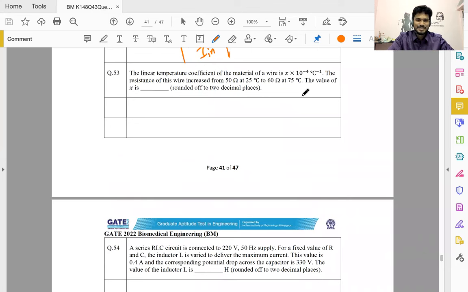Okay, the linear temperature coefficient of the material is this. Again, there is divided opinion. The key is 44.44, and then we have 40. Everyone is getting 40.